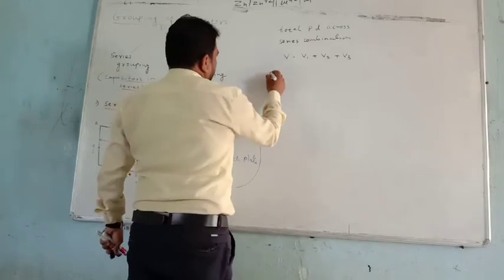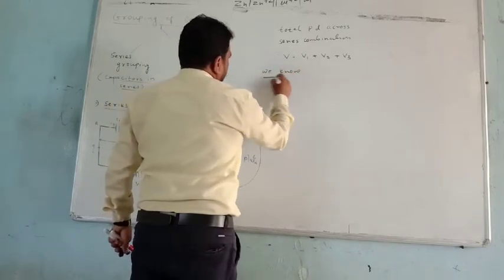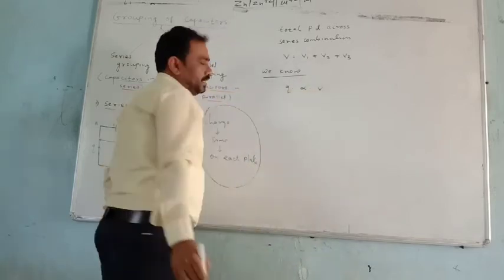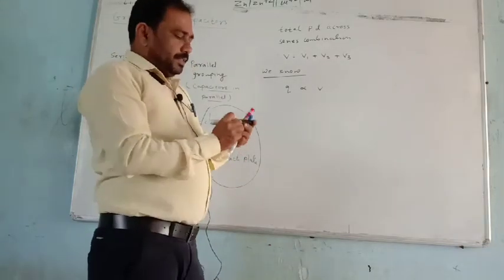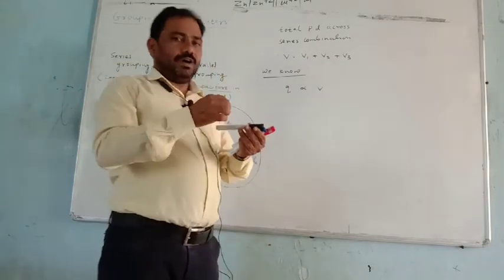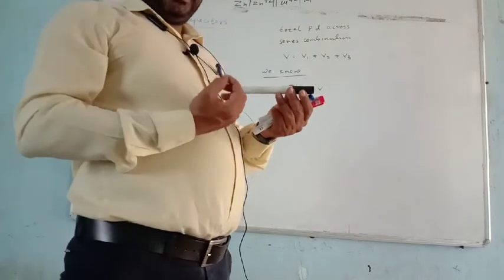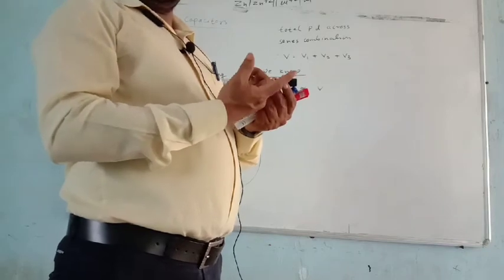But we know the relation between charge Q and V: charge is directly proportional to V. We have seen that if we deposit more charge on the plate, then the potential also increases.